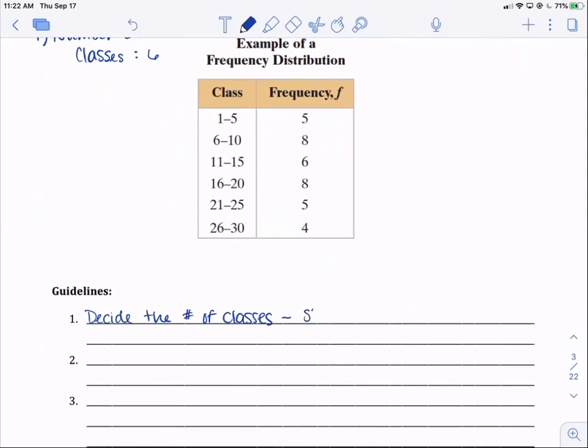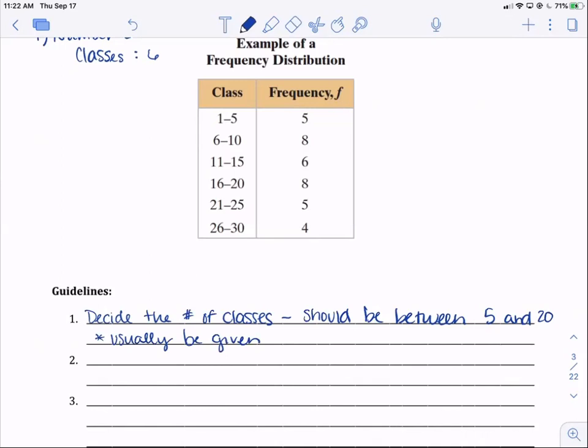And this should always be between 5 and 20. You don't want anything less than 5 and you don't want more than 20 because it makes it hard to get accurate information. Okay. And like I said, this will usually be given. Because I would like to be able to easily tell what each of you guys are doing versus you creating things on your own.